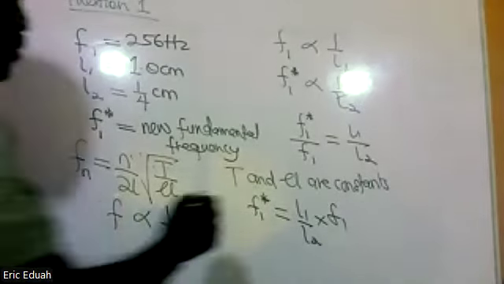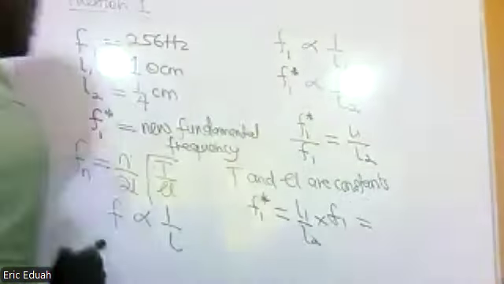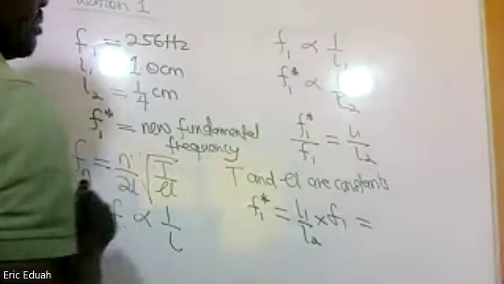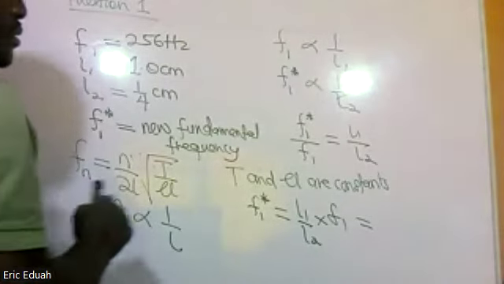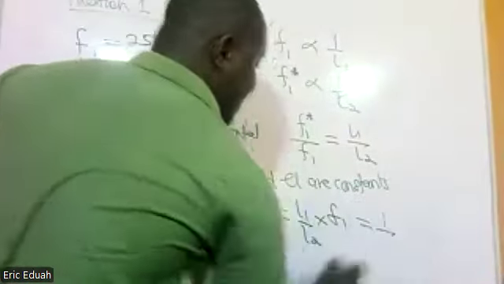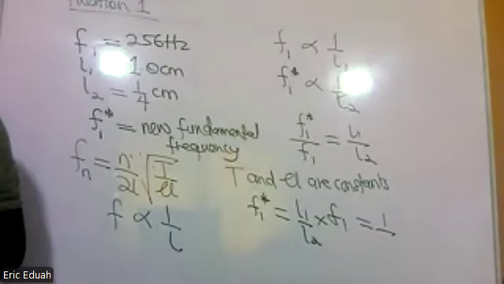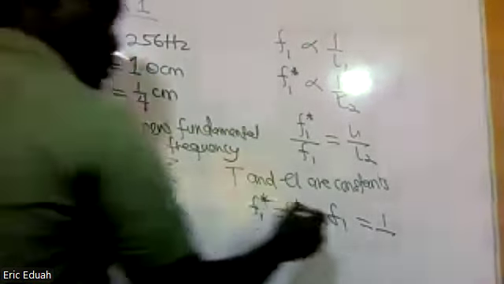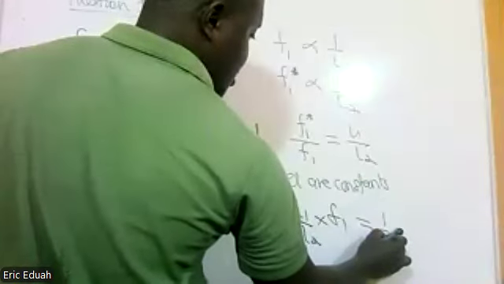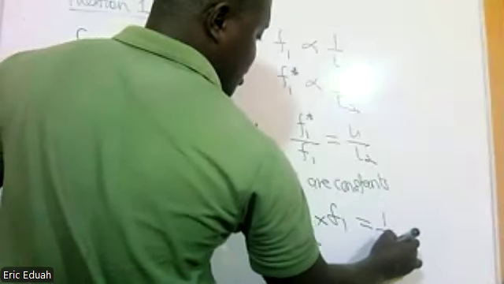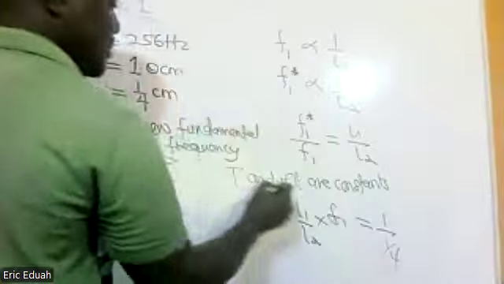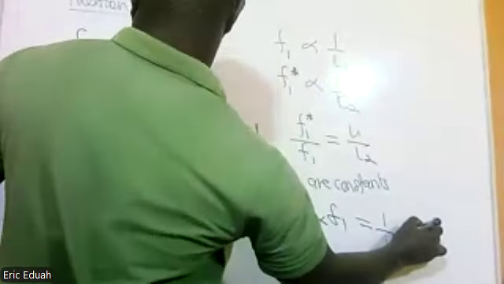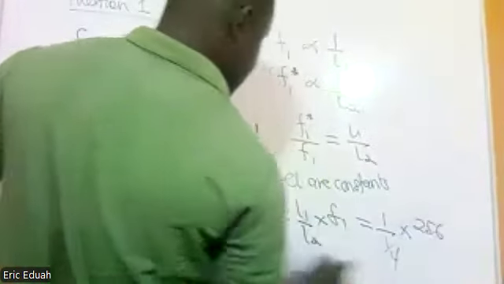What is L1? L1, we are told, is 1 centimeter. 1 centimeter divided by L2. L2 is a quarter. So 1 on 1/4 times F1, which is 256.